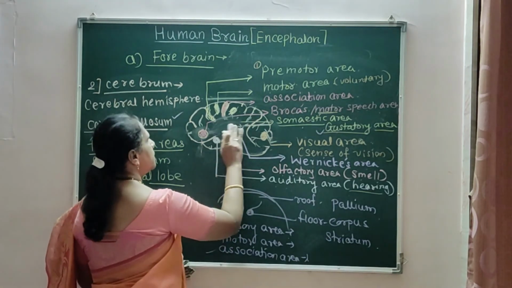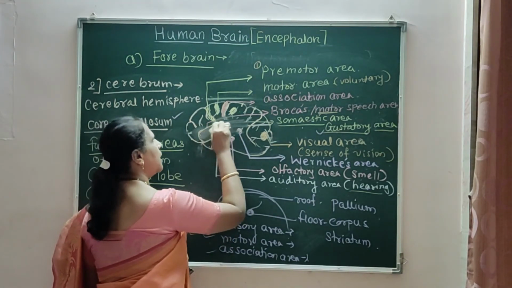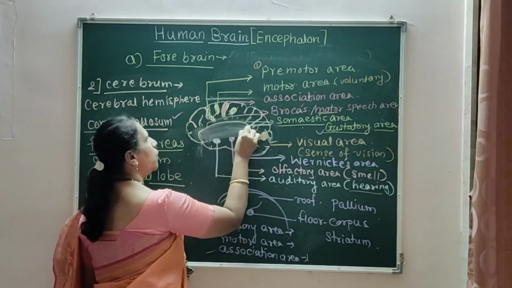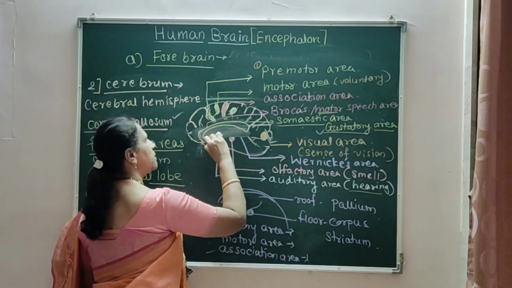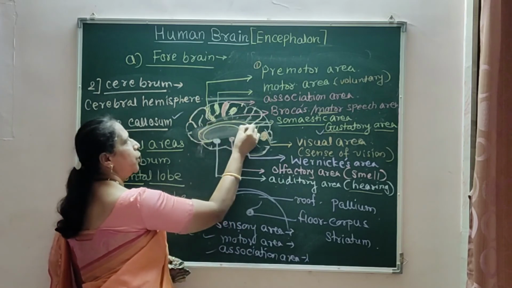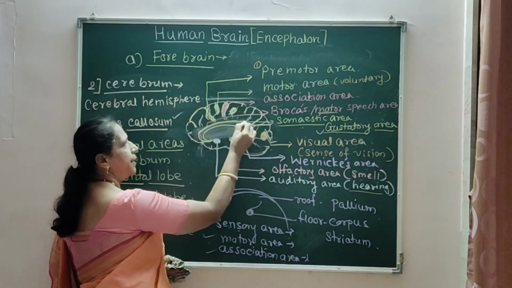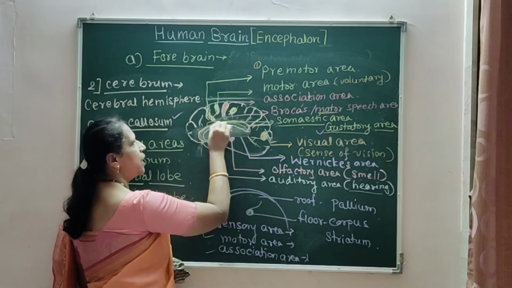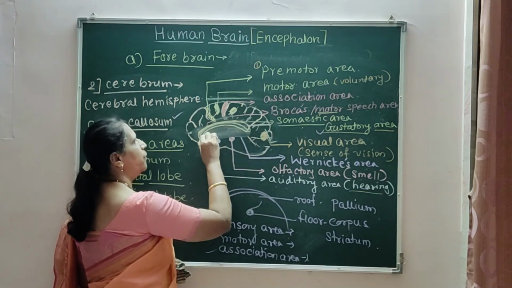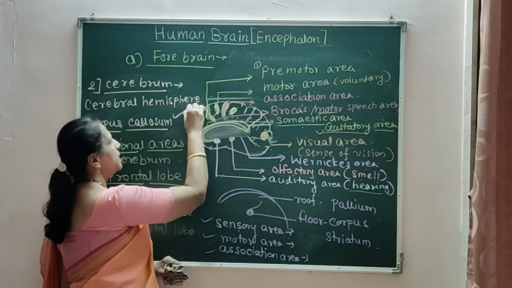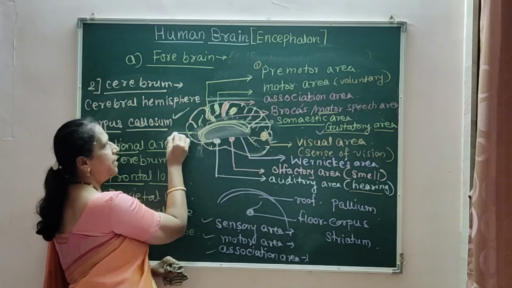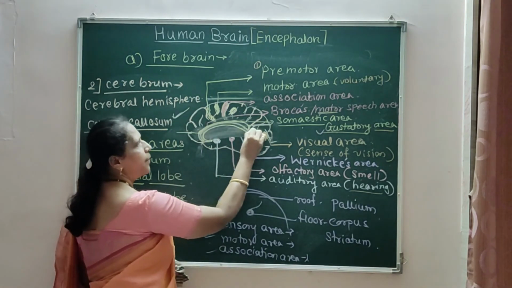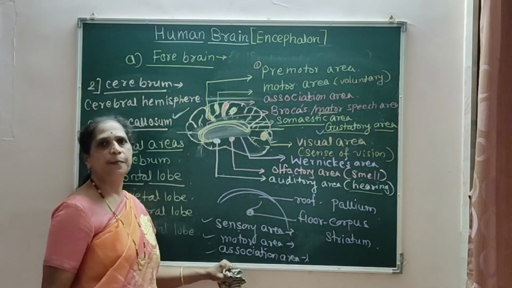Let's see the structure of the corpus callosum again. It is a band of myelinated nerve fibers forming a curved C-shaped structure called the corpus callosum. It shows an anterior part called the genu and a posterior part called the splenium.